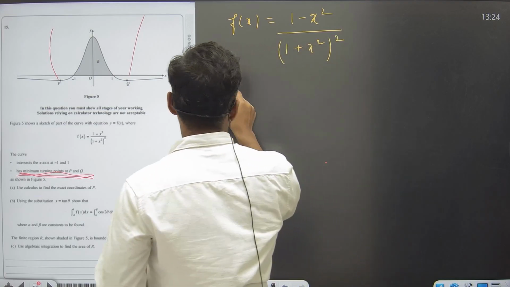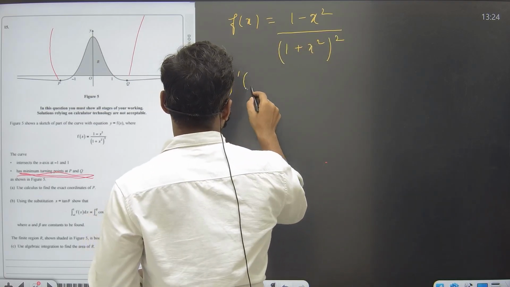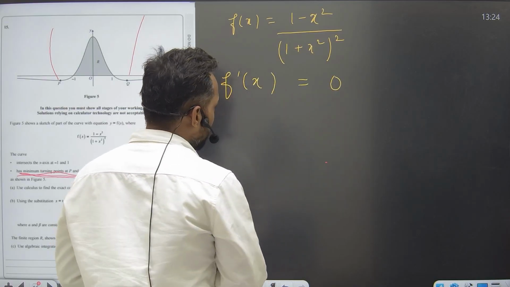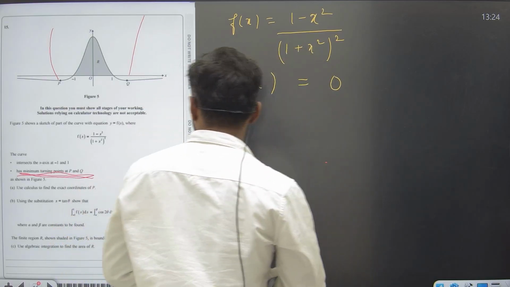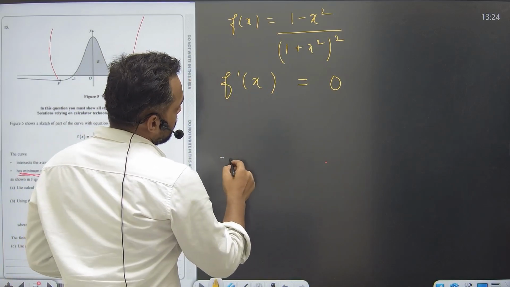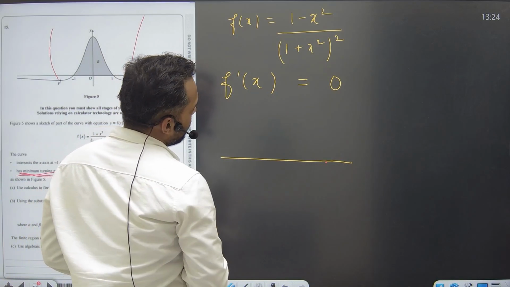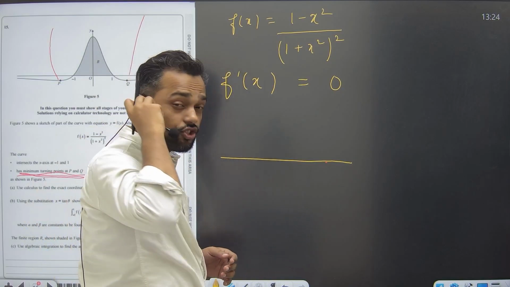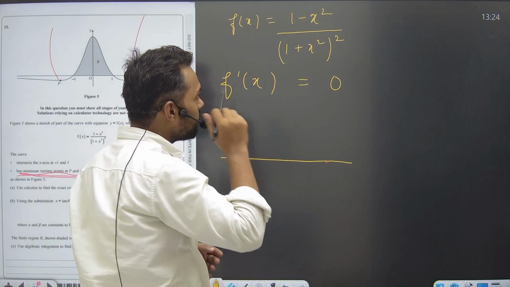So first we need to calculate the critical point. For finding the critical point, first we need to set f prime x equal to 0. So we are differentiating it with respect to x. This is the quotient rule, by the way. Quotient rule of differentiation you can get on Google itself.